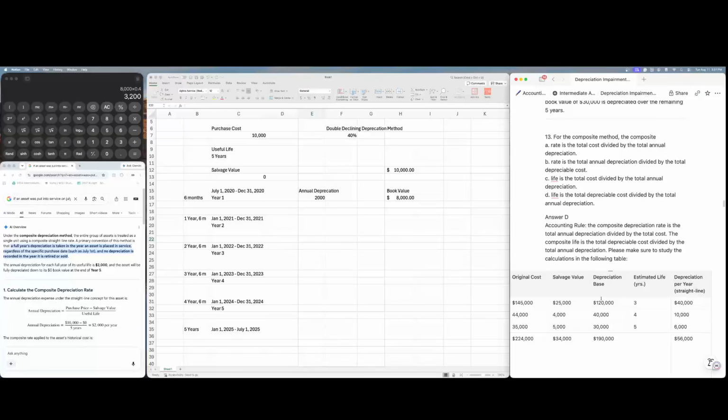So that's pretty much all you guys really need to know about depreciation. Of course, being able to calculate straight line, units of activity, double declining. But that's pretty much it for depreciation.